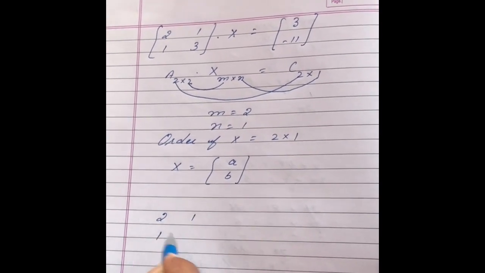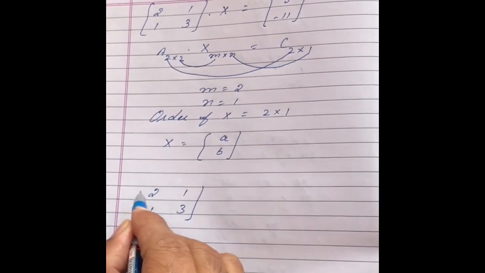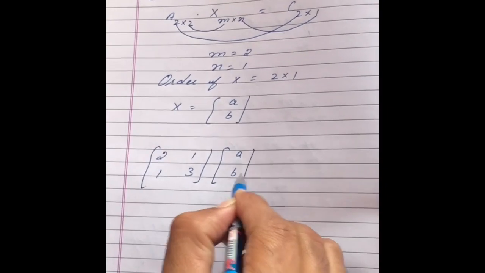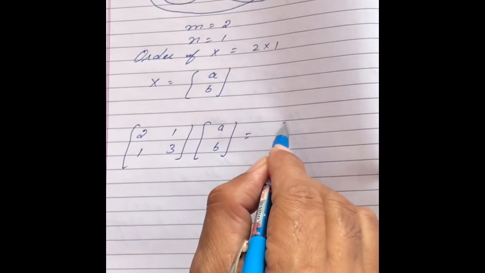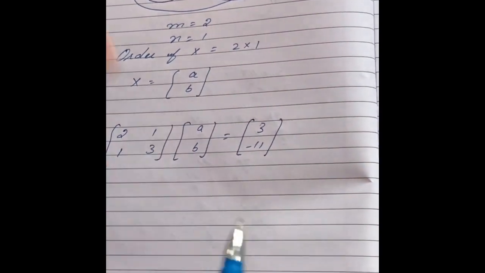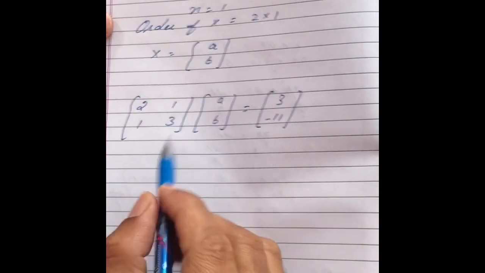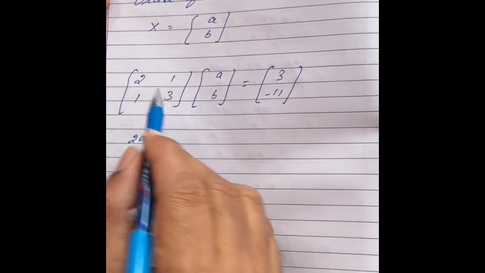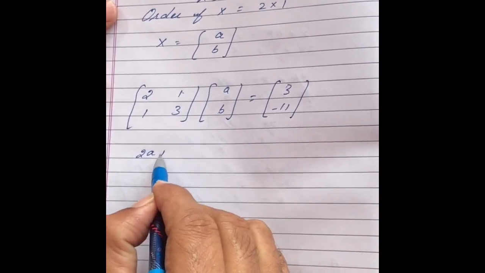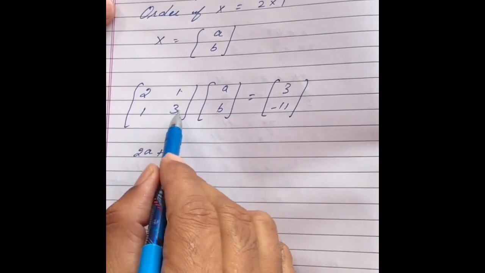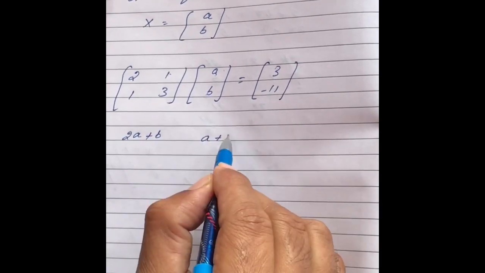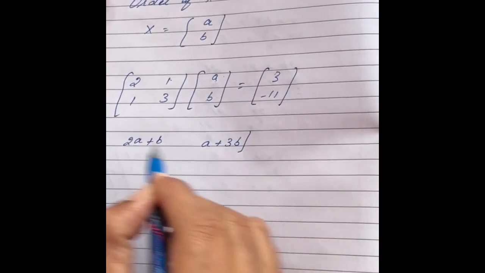[2, 1; 1, 3] into [a; b] is equal to [3; -11]. So 2 into a, 2a, first row with first column, 2 into a, 2a, 1 into b, b. Then second row with first column, 1 into a, 3 into b, 3b.